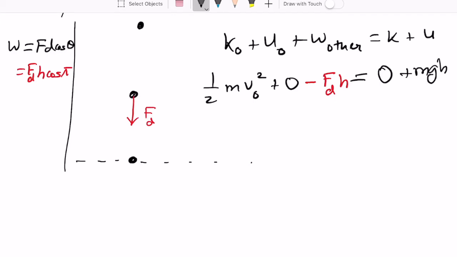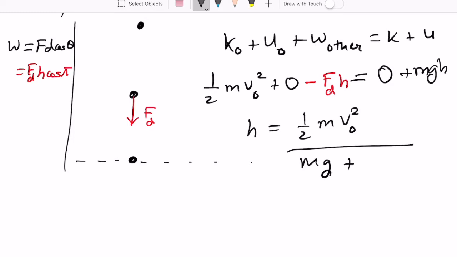And now we have to solve the simple algebraic equation, rearrange it and solve for h. So h would just be half mv0 squared divided by, so you would move the Fd h to the right side and then divide both sides by mg plus Fd, and that's the answer.